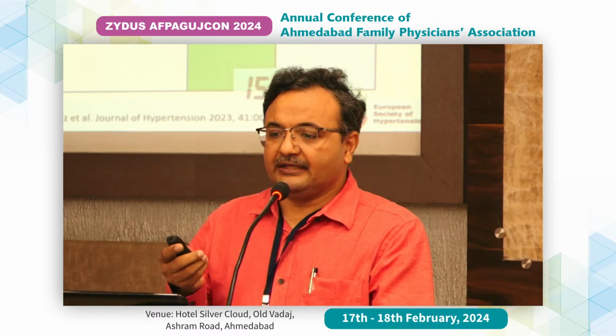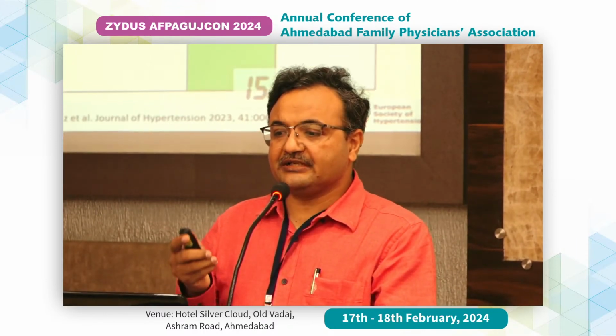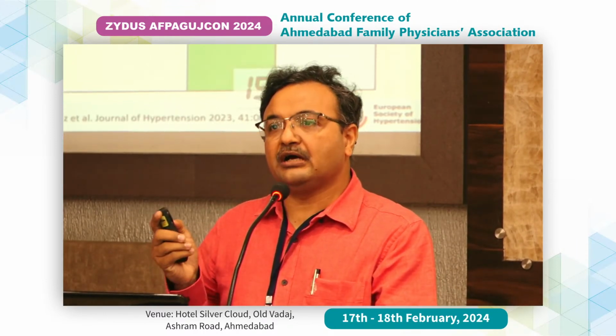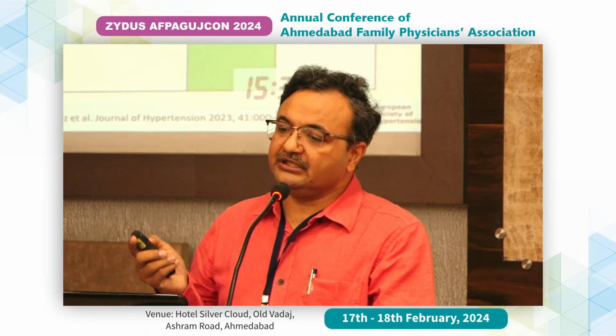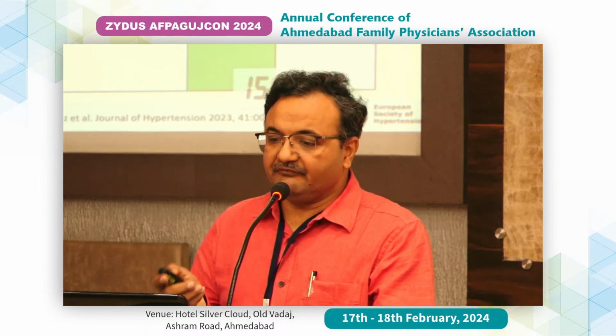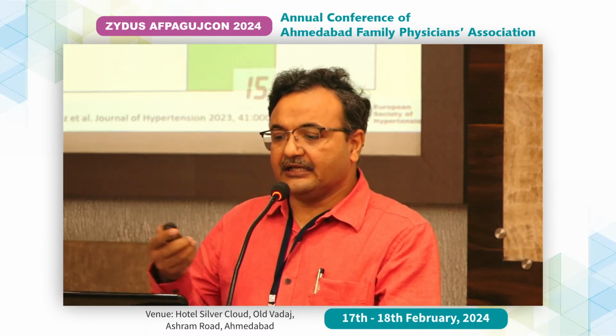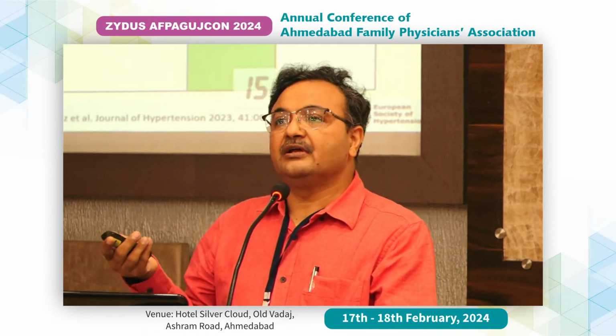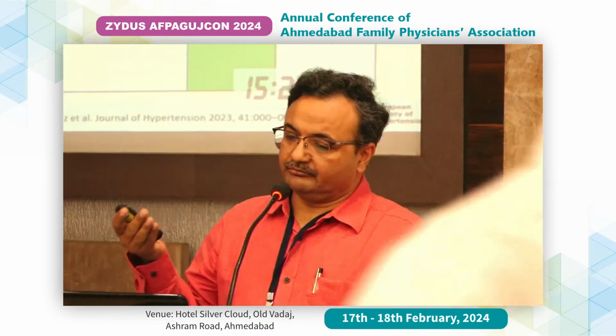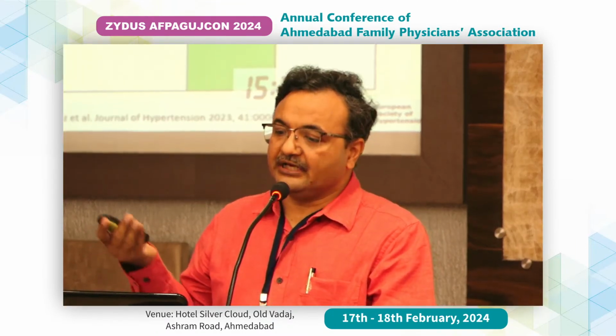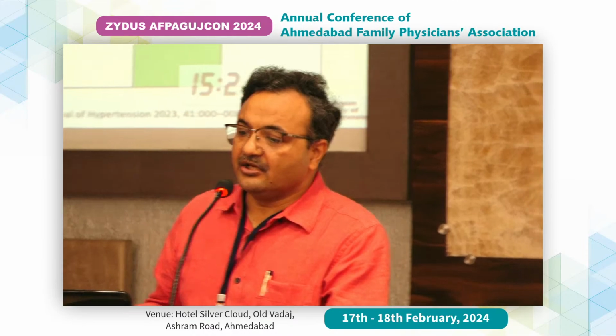The recommendation says that BP is classified as optimal, normal, high normal, or grade 1 to 3 according to the blood pressure. And as I said earlier, stage 1, stage 2 and stage 3 can be decided according to the presence of hypertension-mediated organ damage, diabetes, or CKD stage 3 or CVD, CKD stage 4.